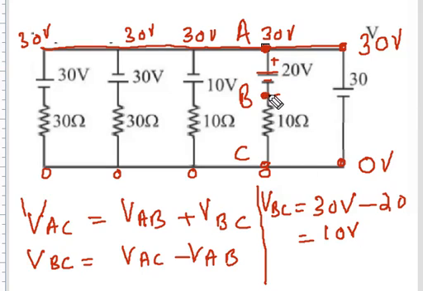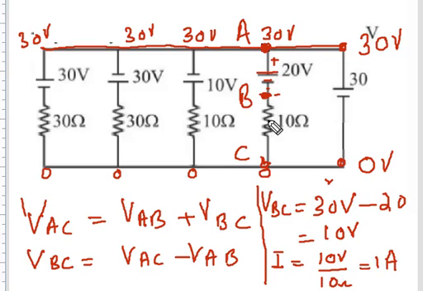The potential difference between B and C is 10 volt and the resistance is 10 ohm, so the current through that resistance will be 10 volt divided by 10 ohm, which is equal to 1 ampere.